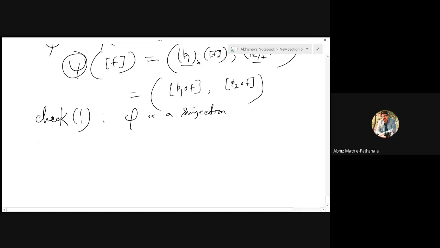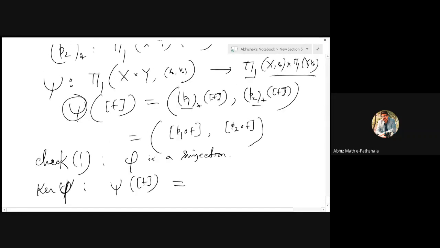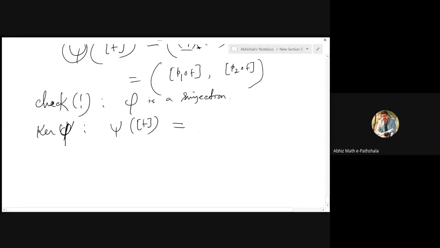So you need to compute the kernel of this homomorphism psi. That is, you need to find those class F for which psi of this will go to the identity element of this direct product of groups. That means it is class of E X naught and class of E Y naught, right?